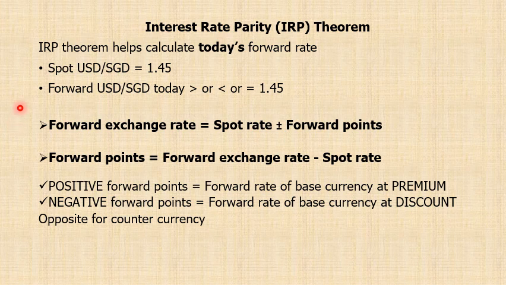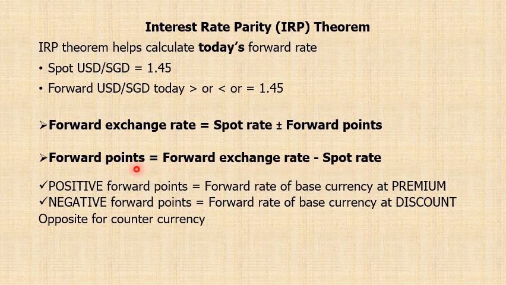The difference is called forward points. Note that the forward exchange rate is equal to the spot rate plus or minus the forward points. Therefore, forward points is equal to the forward exchange rate minus the spot rate. The forward points could be positive or negative depending upon whether the forward exchange rate is greater than or less than the spot rate.